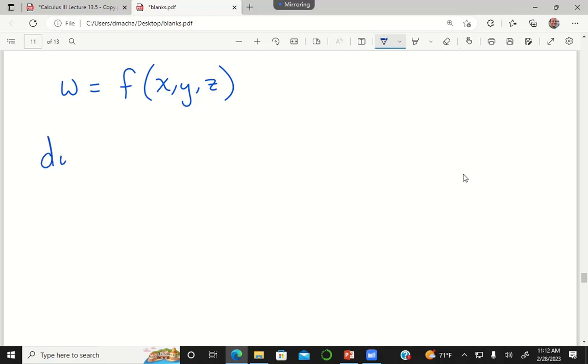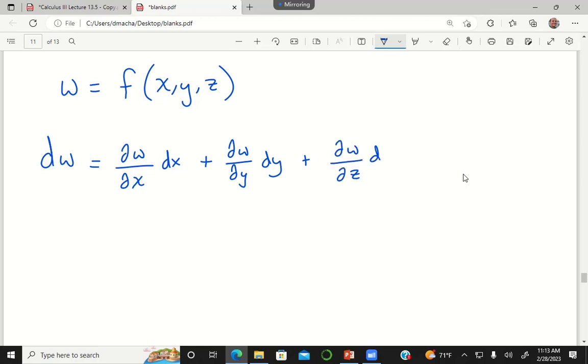Then the total differential is now dw equals partial w partial x dx plus partial w partial y dy plus partial w partial z dz.